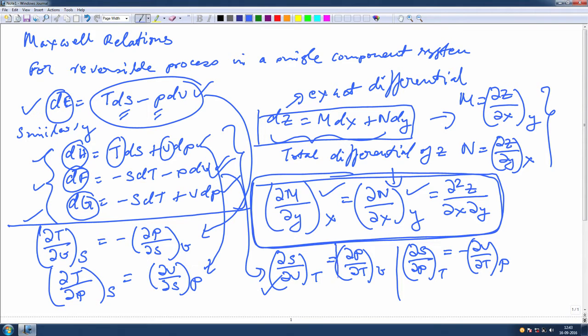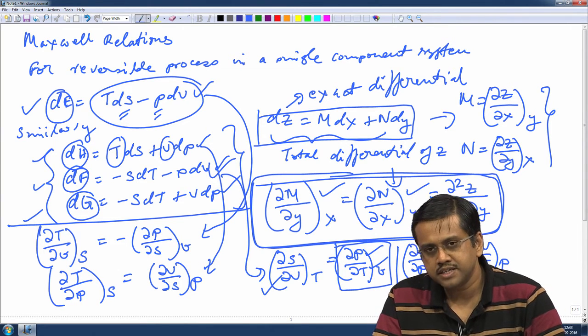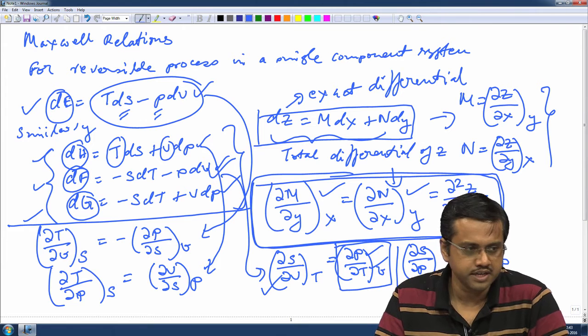If you can cast it in terms of pressure and temperature differential, which is on the right hand side, both of these two terms are actually measurable. So, you can get the variation of entropy with volume at constant temperature by measuring something else. That is of vital importance here.